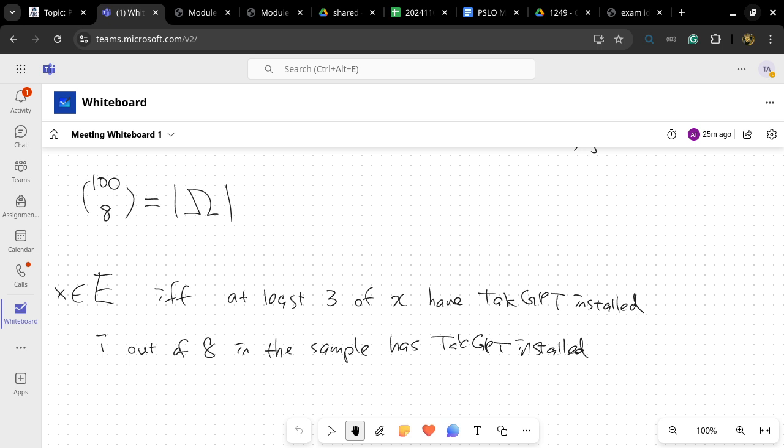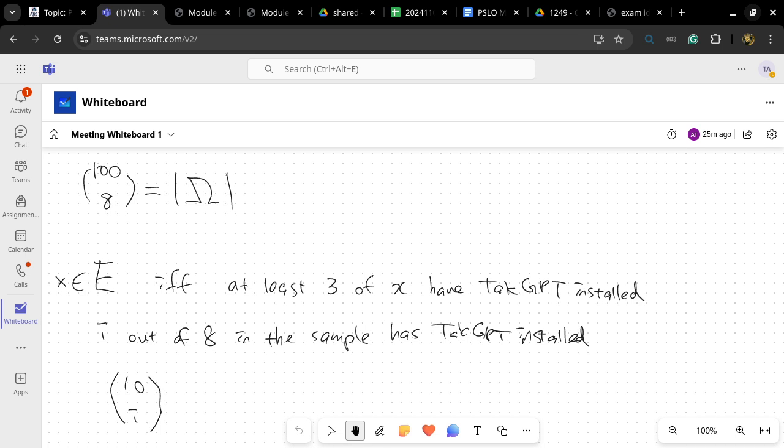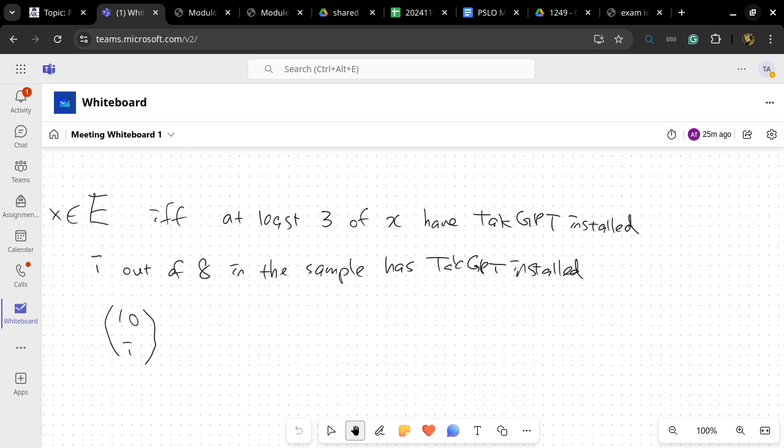So that means we are looking at 10 choose I. This is the number of combinations that will give me the total number of ways of choosing out of 10 tech GPT hacked Urbies, I of them.